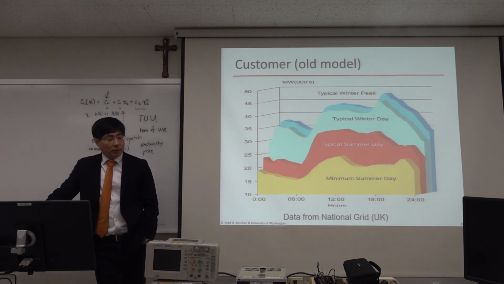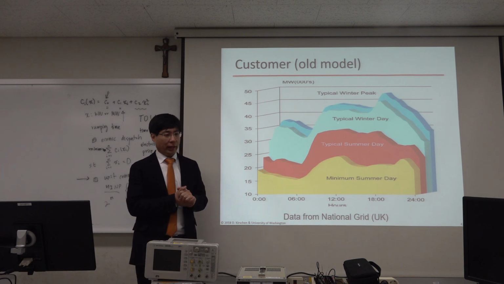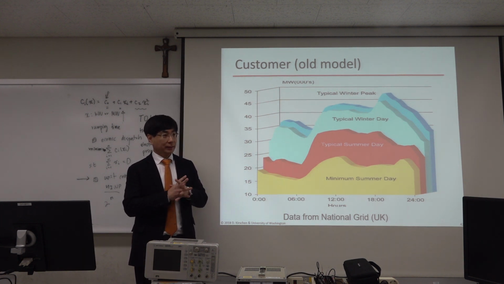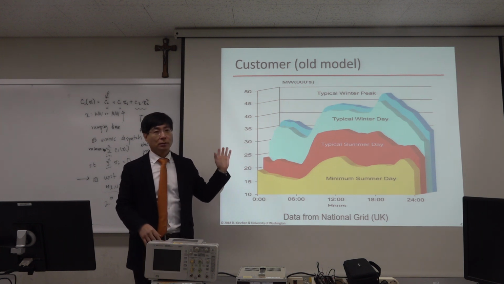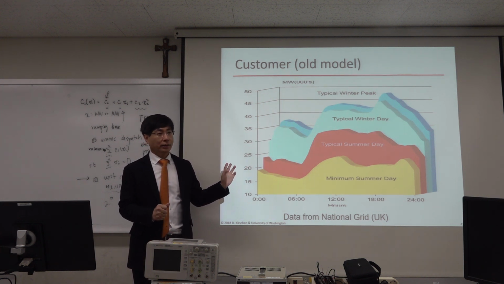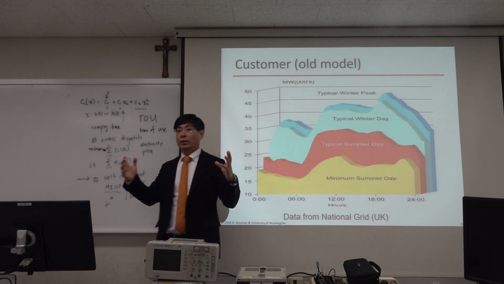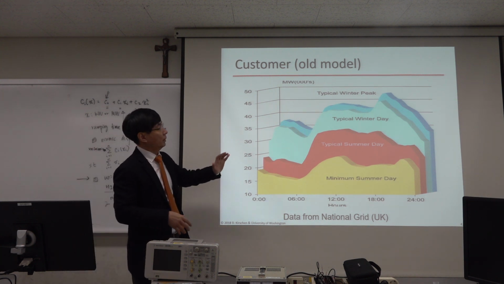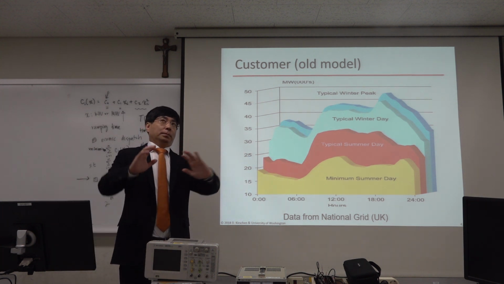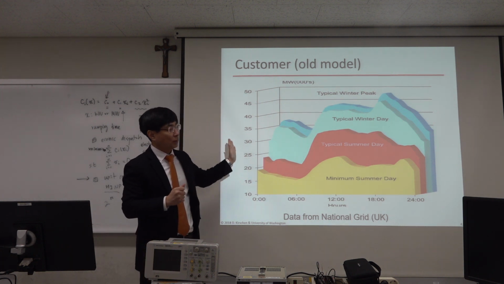You may think this is odd. If you think this is the total load of the UK, this is odd. So this is not about the total load of the UK. This is the load served by National Grid only. In the UK, there are several utilities. Okay? So please don't be confused. This is not the total load of the UK.